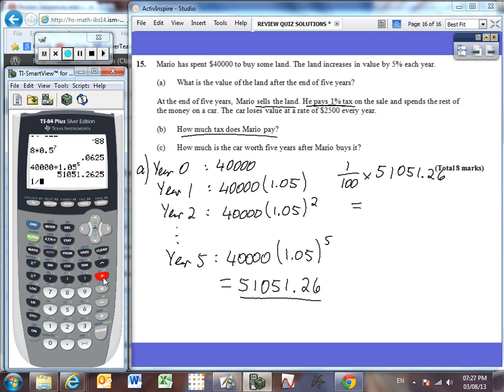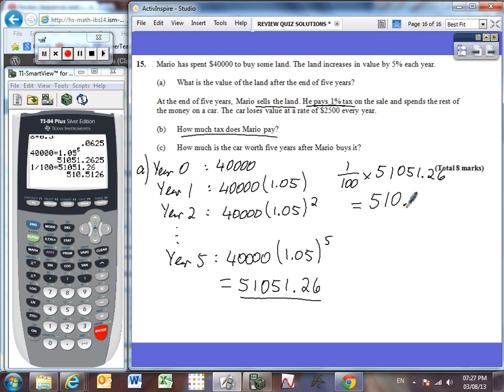So 1% times the value of the land at the end of the 5 years is 510.51. Again, I've got to round to 2 decimal places. And by the way, I probably should have included units here. Dollars and dollars. So there's part B.